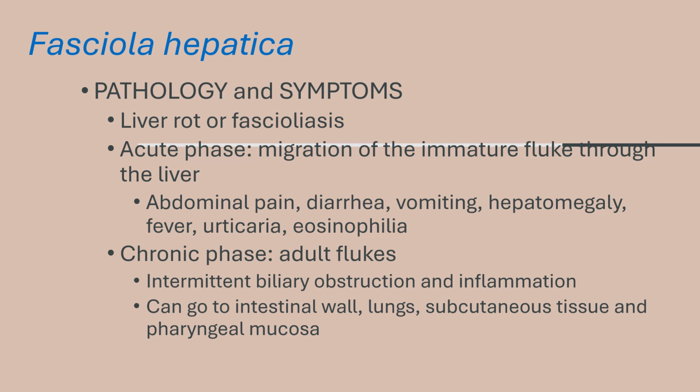Then you have the chronic phase, wherein the adult flukes are already present. You have intermittent biliary obstruction and inflammation. Please note that the adult Fasciola hepatica can go to the intestinal wall, the lungs, the subcutaneous tissue, and the pharyngeal mucosa.